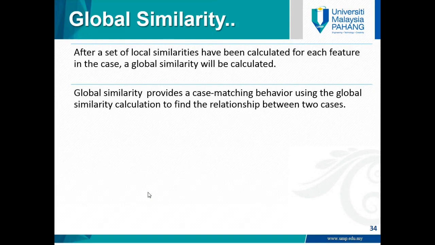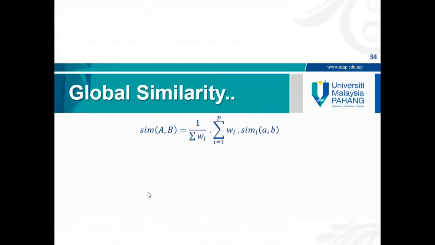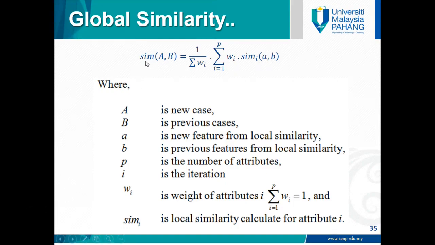With the global similarity, we will be able to match which case from the old cases is more similar to the new case. So the formula for global similarity can be expressed as follows: the similarity between the new case, which is A, and the old case, which is represented as B, is equal to 1 over the summation of the weight.